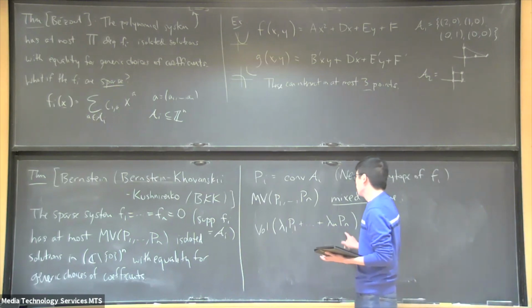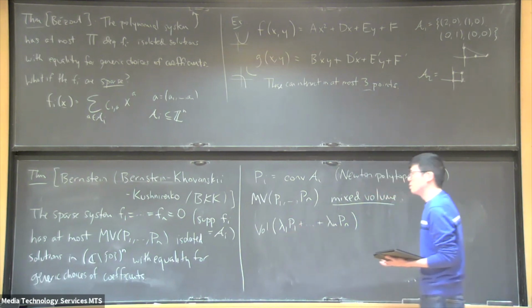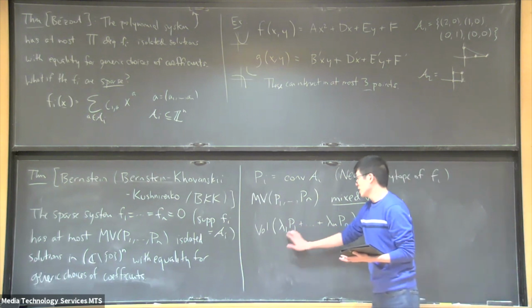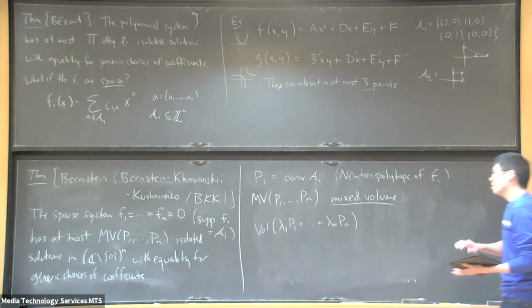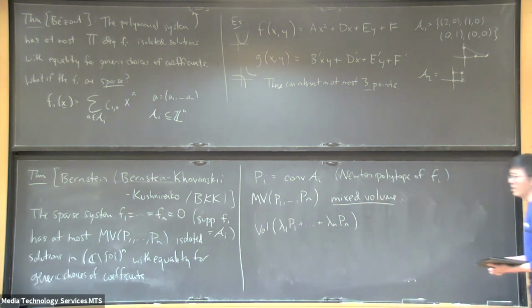You take these n polytopes and scale them up by certain factors, lambda 1 through lambda n, and then you take the Minkowski sum. So you take points here plus points in here plus points in here. This together is some probably larger convex body, and you can compute what its volume is.